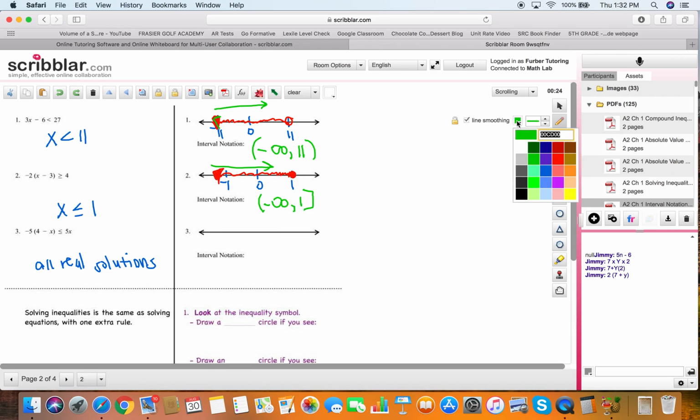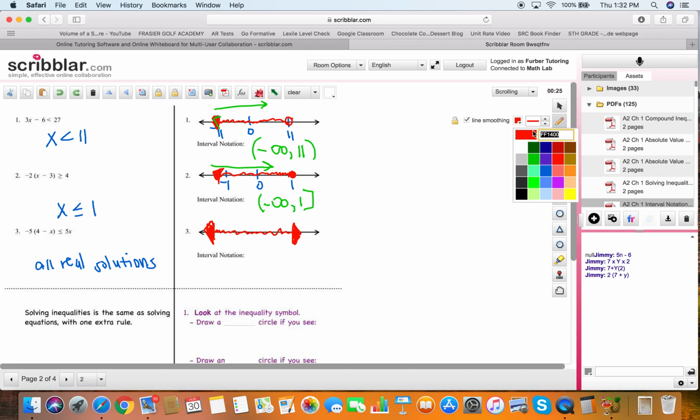And then remember the last solution we found ended up being all real solutions. We drew a number line, and on the number line we drew one big long arrow to show that every single thing on the number line would be a solution to this inequality.